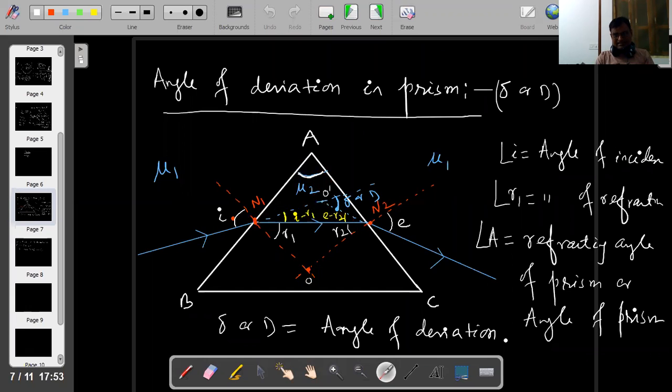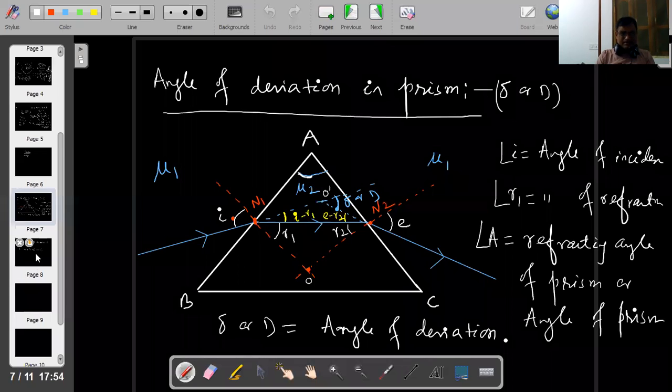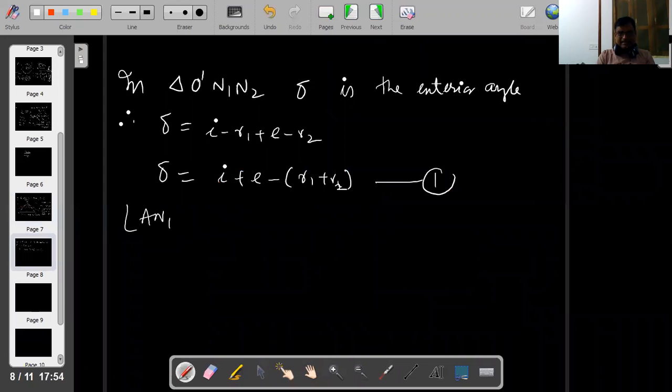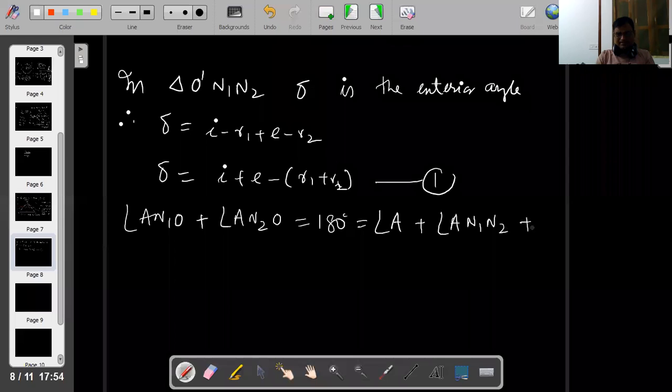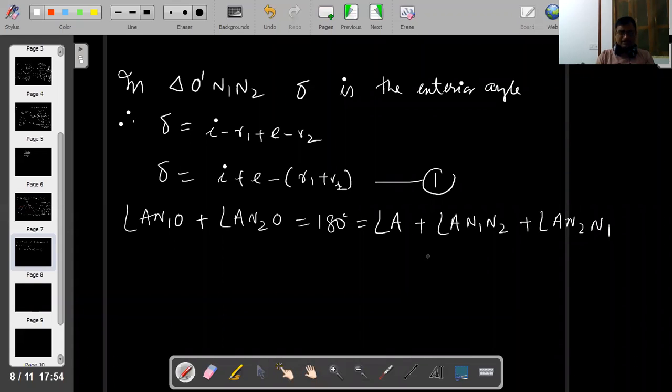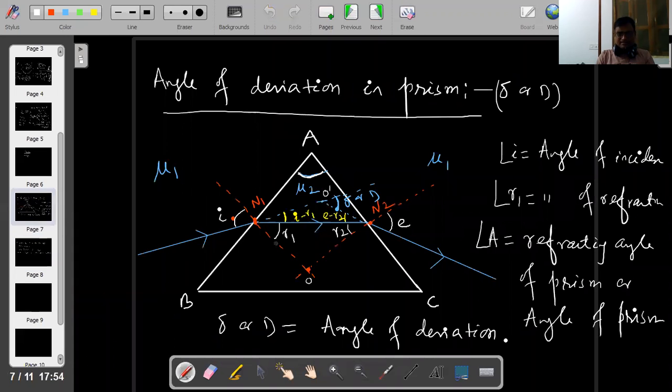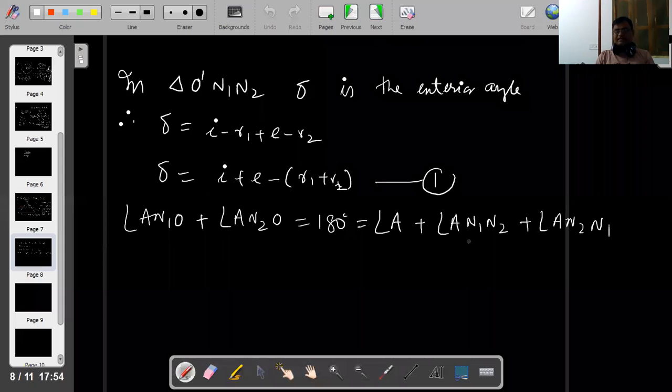And 180 is the sum of the three angles of triangle AN1N2: angle A plus angle AN1N2 plus angle AN2N1.